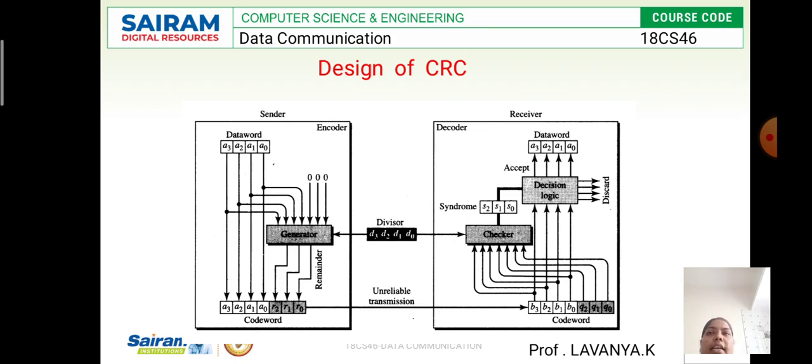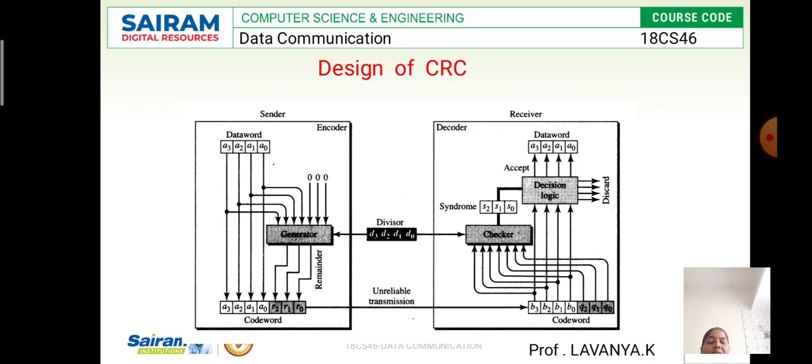The data word has k bits, here 4 bits, and the code word has 7 bits: along with the 4 bits we add 3 extra bits, so that the code word is 7 bits.